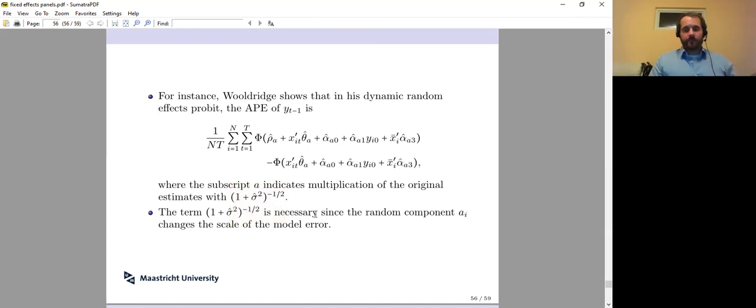I'm not sure if this is very understandable, but it is necessary because by adding the alpha i, we changed the scale of the original model error. Normally the model error in Probit is assumed to be standard normally distributed with variance 1. But once you add this alpha i term, the variance is not 1 anymore. The variance is actually 1 plus sigma squared, in the square root. So you have to take that into account.